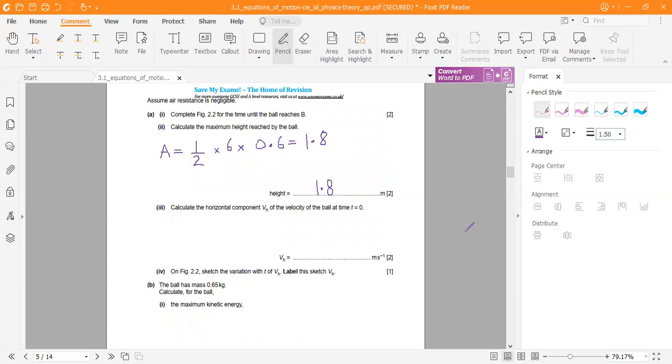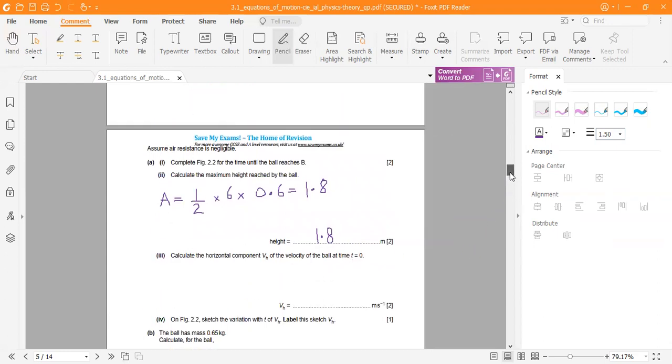Calculate the horizontal component VH of the velocity at time t equal to 0. Now this is tricky.